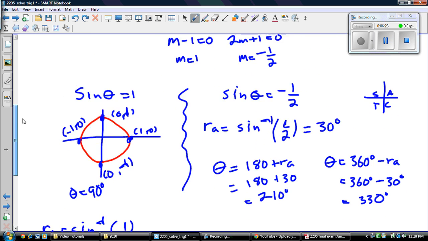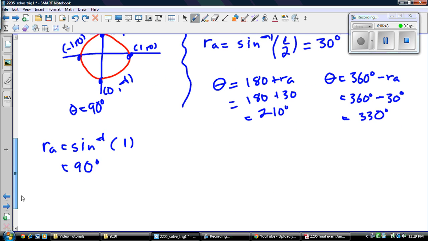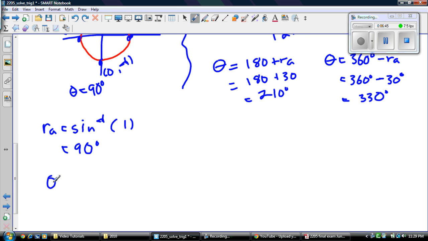Sine is positive in S and A. S or A is just RA, so theta would be 90, and then here it's 180 minus RA, which would be 180 minus 90, which gives you 90. So again, you get theta is equal to 90 anyway. Both of these ways are acceptable, whichever works for you.